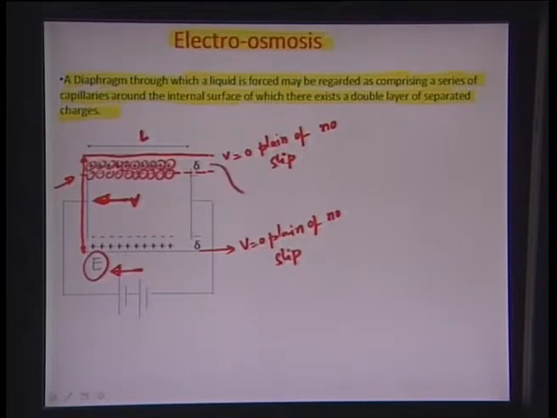So, the velocity gradient here, if we assume the total double layer thickness to be delta, is essentially V by delta. All right.